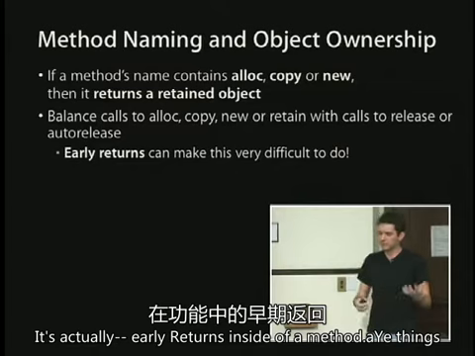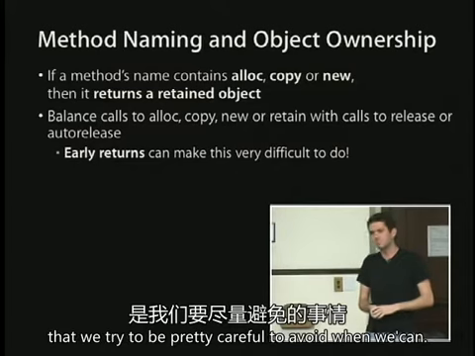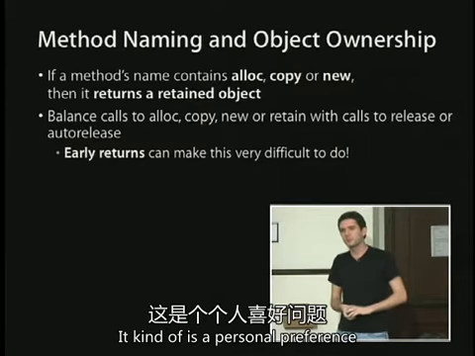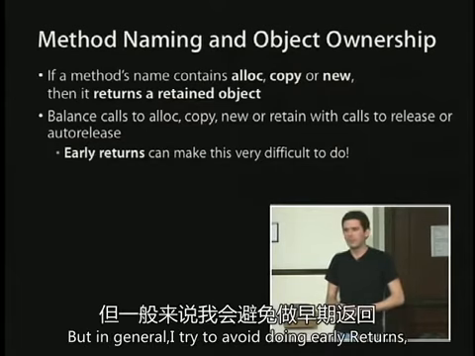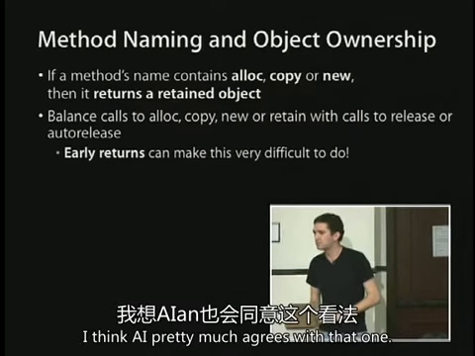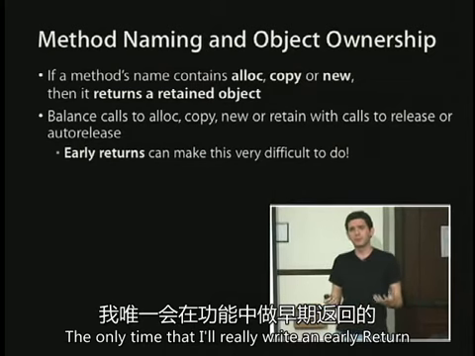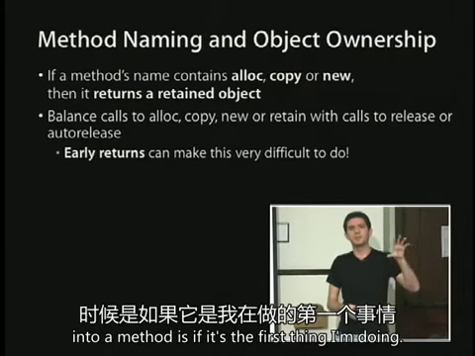Early returns inside of a method are things that we try to be pretty careful to avoid when we can. It kind of is a personal preference. It's sort of up to you. But in general, I try to avoid doing early returns. I think Al pretty much agrees with that one. The only time that I'll really write an early return into a method is if it's the first thing I'm doing.